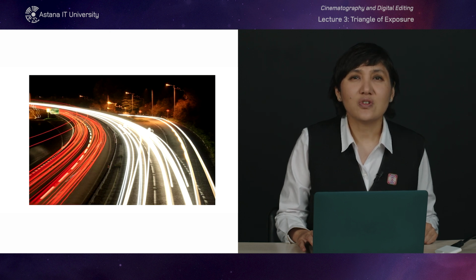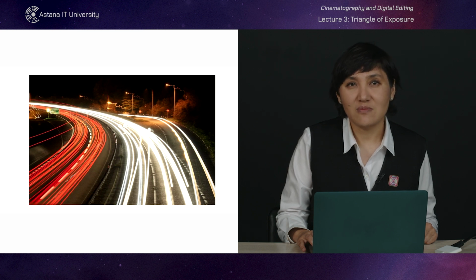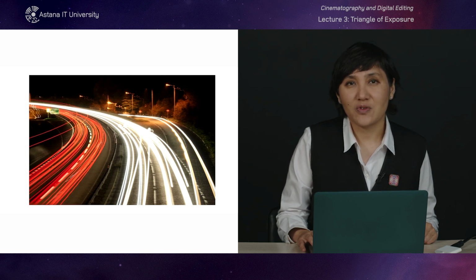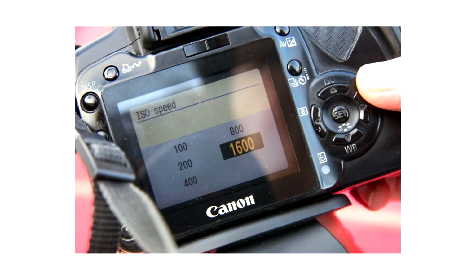But it's important to remember that shutter speed also affects the sharpness of the image. Even the slightest movement can cause blur if the shutter speed is too slow. Coming to the third element of the triangle of exposure, after aperture and shutter speed, this is ISO.